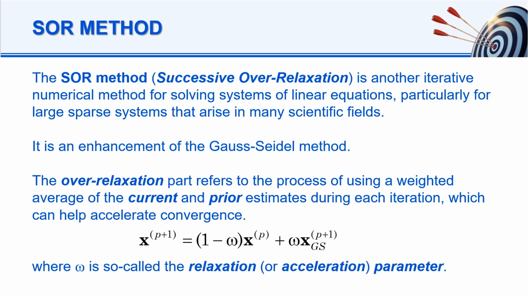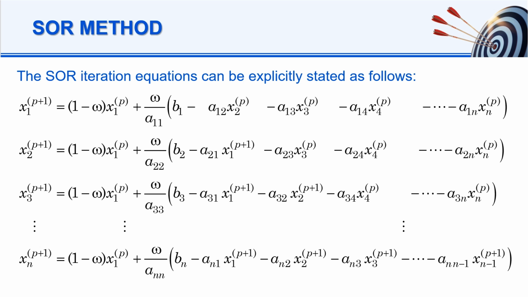The SOR iteration equations can be explicitly written as follows. Note that the iteration equations are the weighted average of the prior SOR estimates, i.e., the first term, and the estimates due to the Gauss-Seidel iteration equations, i.e., the second term.